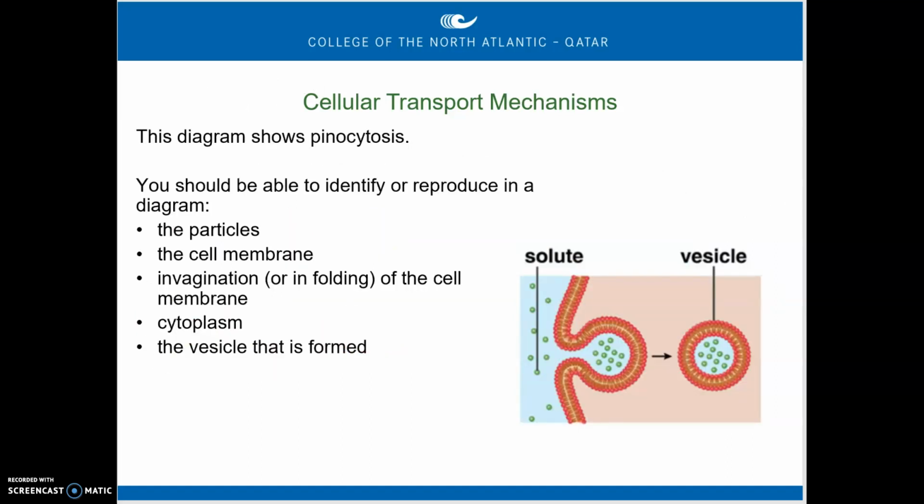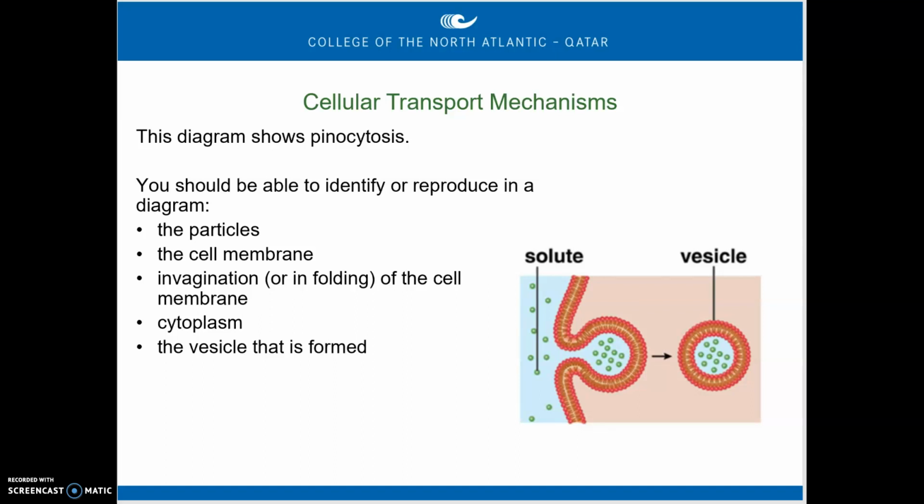So here's a look at pinocytosis. We've got our solute here, which should be our solvent, I guess, if we're talking about pinocytosis. So the membrane folds in, it selects the objects that it wants. In this case, it's going to be some type of a liquid. The membrane folds around that liquid, and then the membrane pinches to become that vesicle.